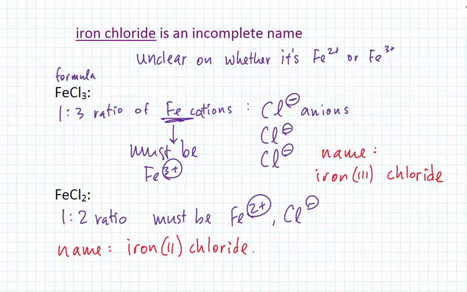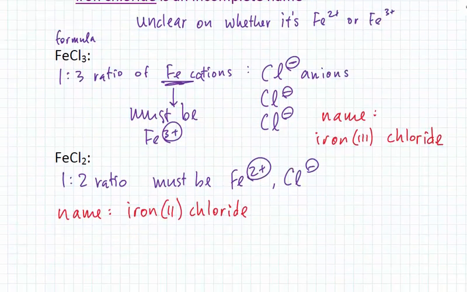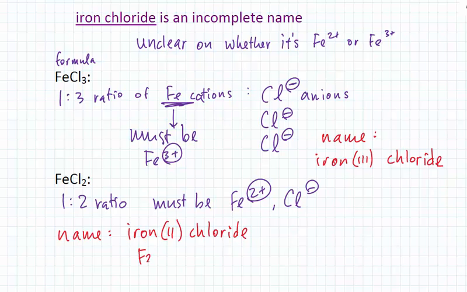Okay? Because remember, when we're naming an ionic compound, we're naming the positive ion and the negative ion. The iron 2 literally means it's an Fe with a 2 plus charge, and then chloride. Iron 3, Fe3 plus charge, chloride.